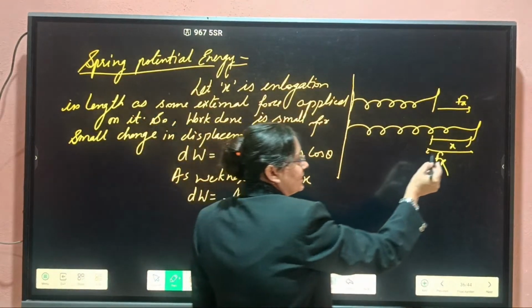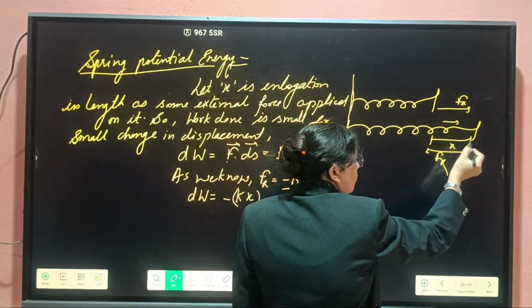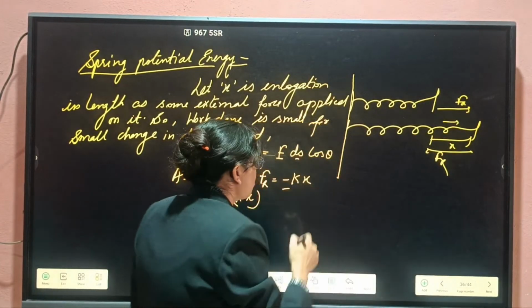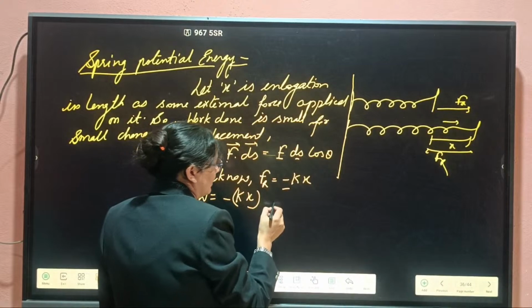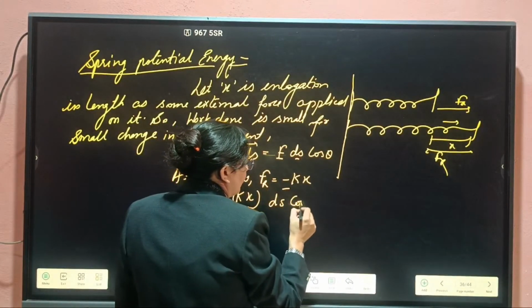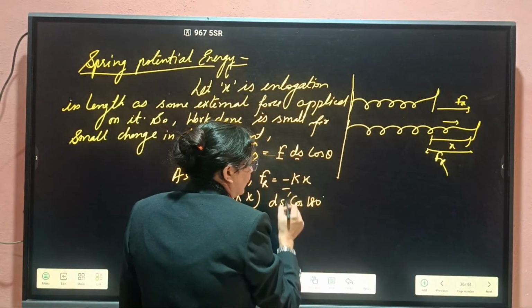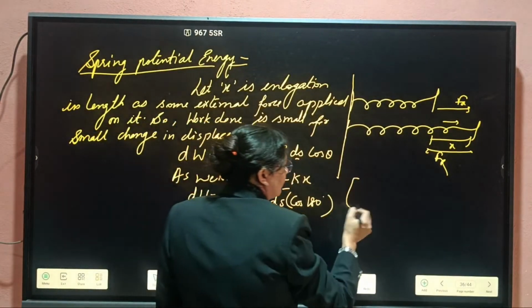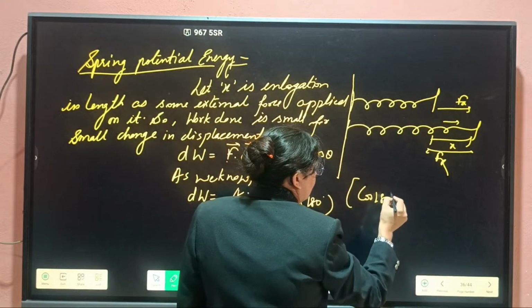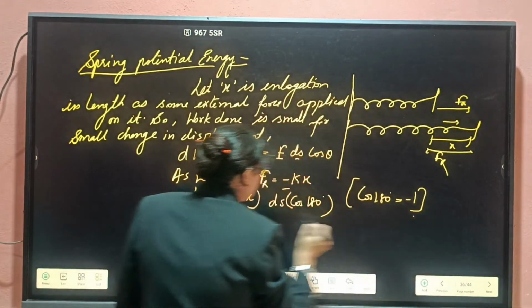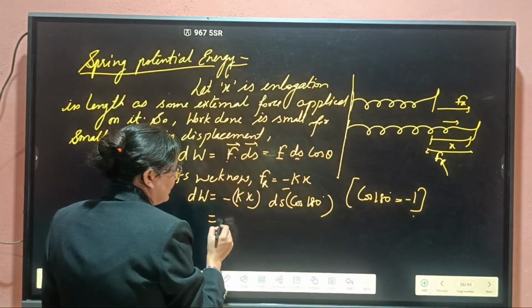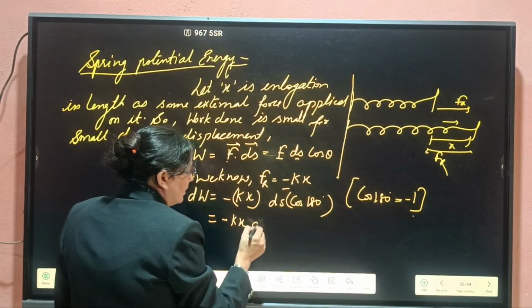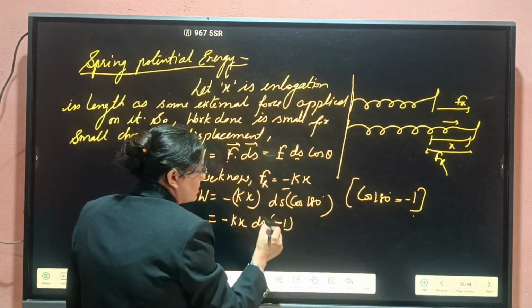Small change in displacement is in this direction, the force is acting in the opposite direction, so theta will be 180 degrees. Cos 180 is minus 1. So put this value, then we can write minus kx dx times minus 1.